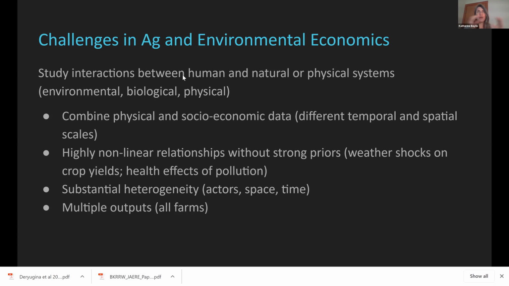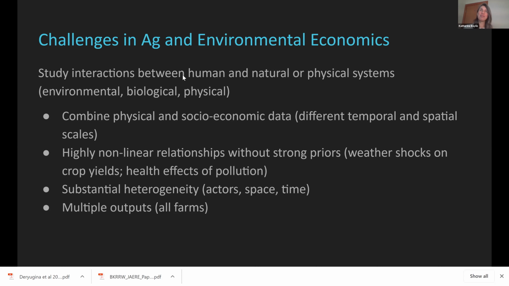We basically care about the outputs of those other systems, but those systems are non-economic. And again, the easiest example might be a farmer's crop choice under uncertainty, but to really understand that question, we need to understand how various weather events affect crop yields. And we're not agronomists, so we don't come in with strong priors about those other systems.